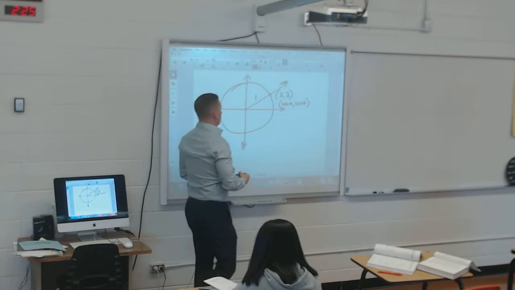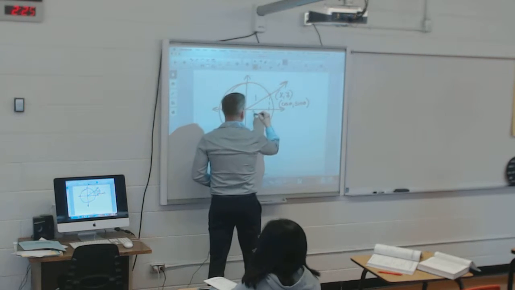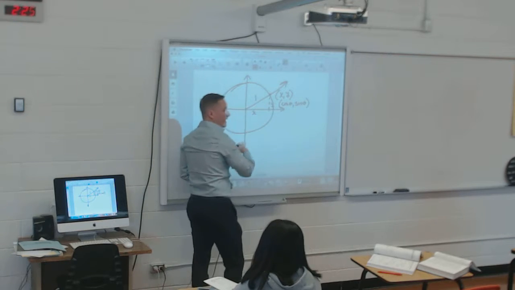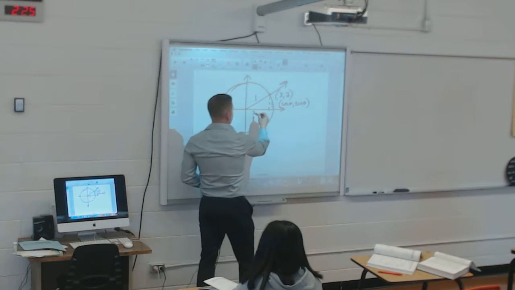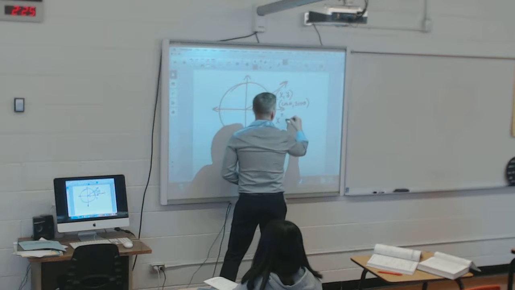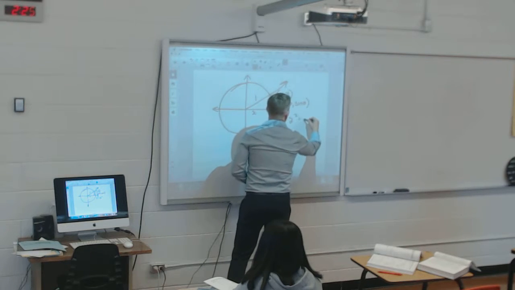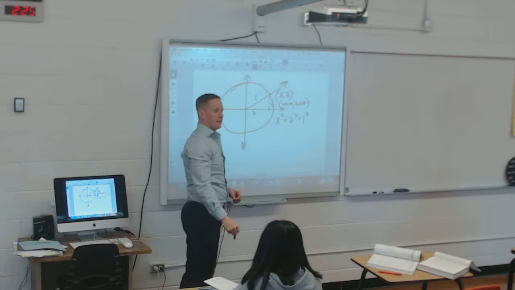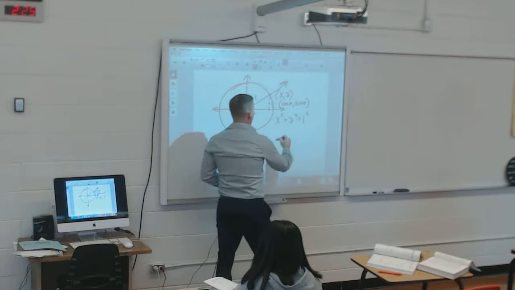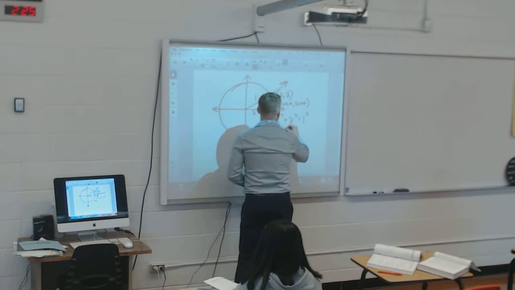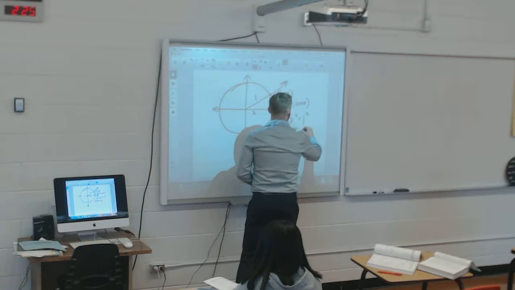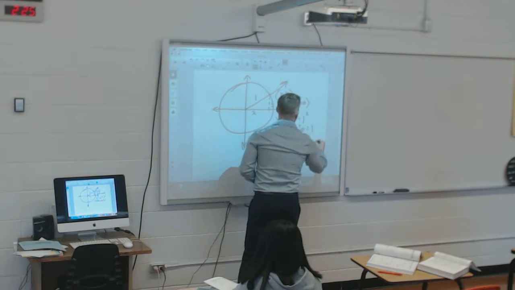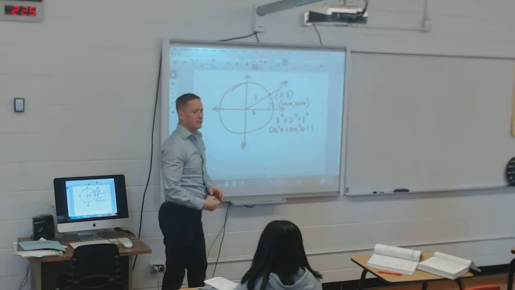Agreed? Well, this distance right here is x and this is y. Using Pythagoras' theorem, I get x squared plus y squared is equal to 1 squared. So I could go cos squared theta plus sine squared theta, and that's going to equal 1 squared.